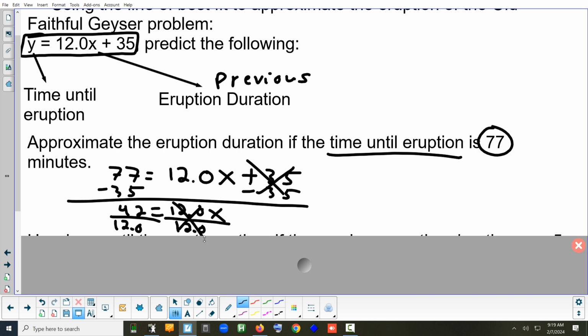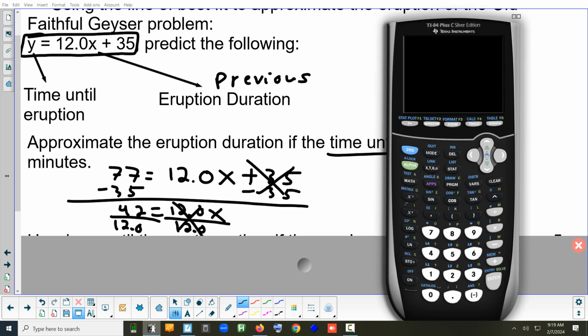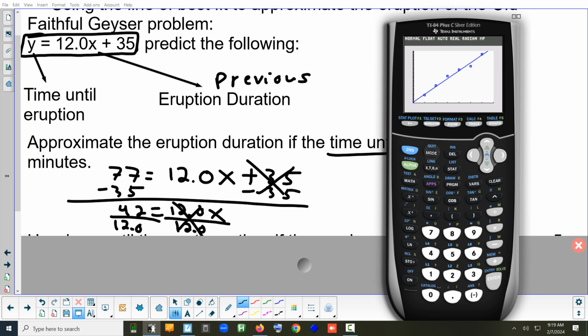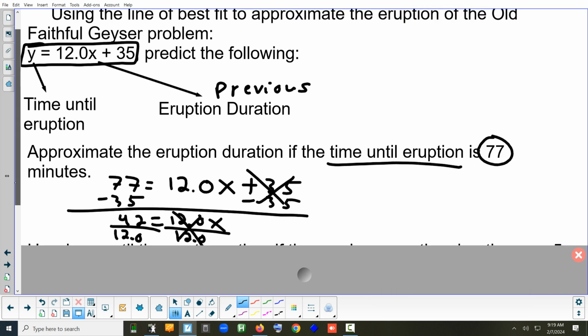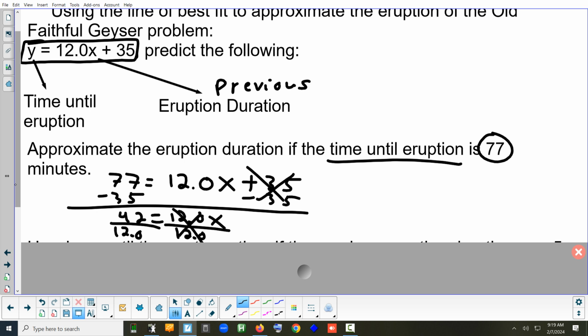And now we need our calculator to type that in. So we type in 42 divided by 12, and that gives us 3.5. And that's x. What does x stand for in the formula?